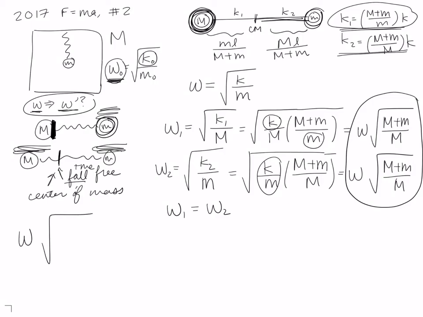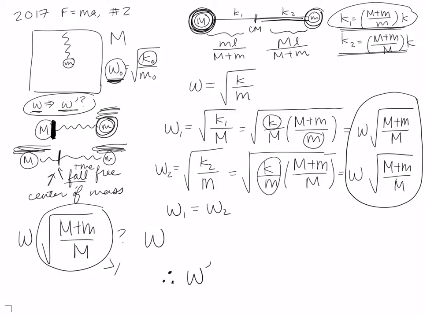Now when we compare omega 1 and omega 2, which is both omega times the square root of large M plus m over m, to omega, we find that this ratio, namely large M plus small m over large M, since we know that both masses will always be positive, will be greater than 1, and thus we find that the new frequency, omega prime, which is basically omega 1 and omega 2, will actually be larger than our original frequency.